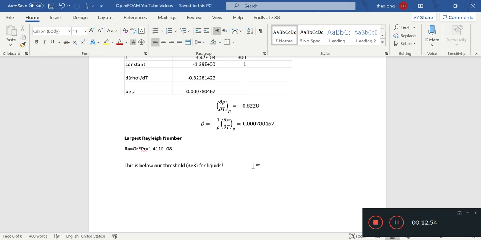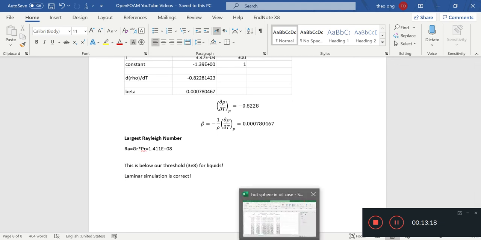Oil is like water. So this laminar simulation is probably correct. That's the first part I want to bring across. The Rayleigh number is below the threshold for turbulence, so using a laminar flow simulation is totally fine.